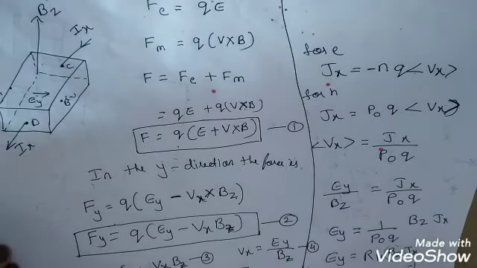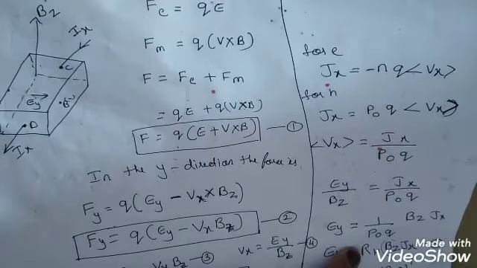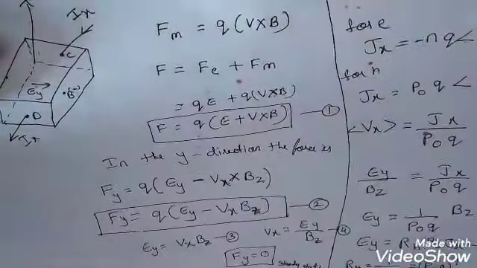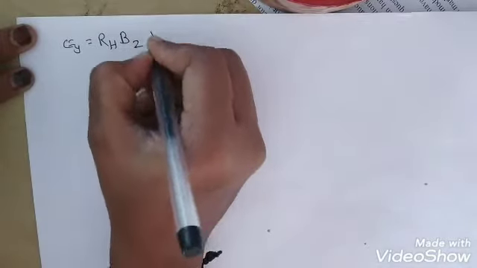Now call this as equation number 5 and this as equation number 6. I am rewriting equation number 5 over here, that is Ey is equal to RH Bz Jx.